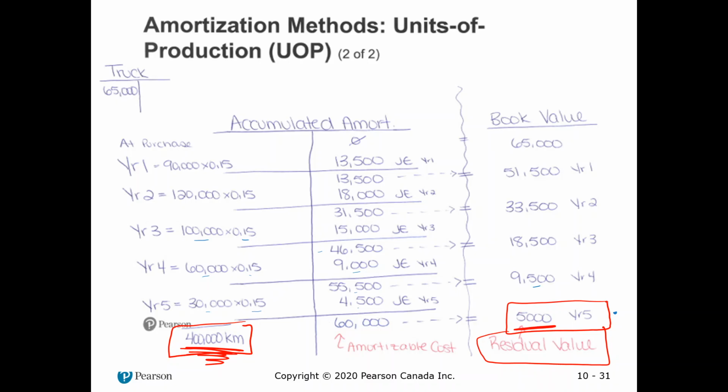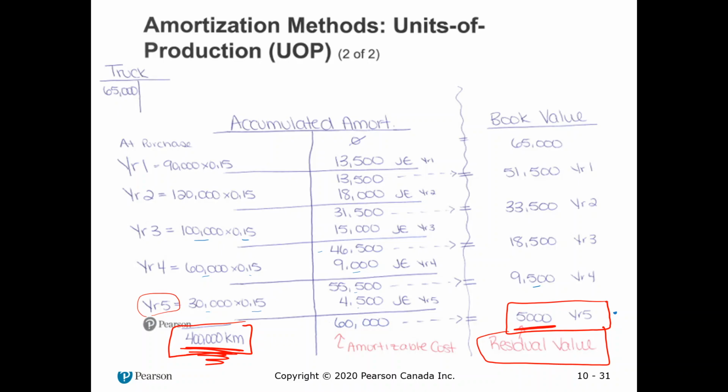So that's always where you stop. Now I want to note that this question made this happen exactly at the end of year 5, but that's just, we'll say, a coincidence that we estimated the useful life would be 5 years. And we wanted to show how it would work in 5 years.